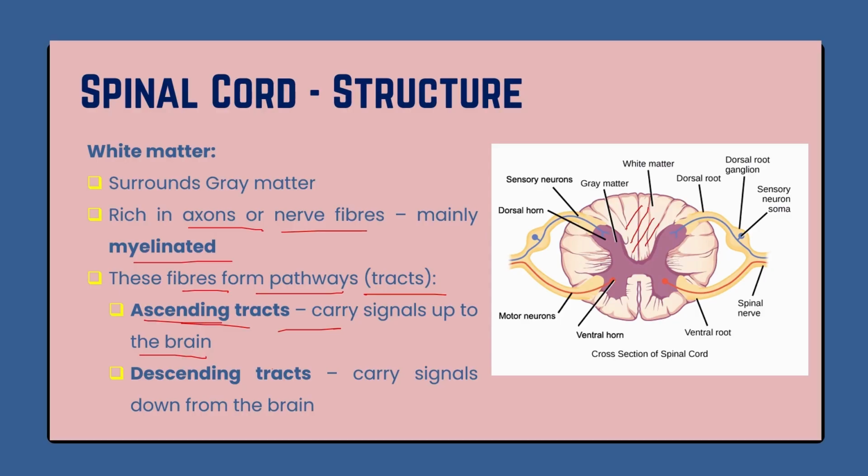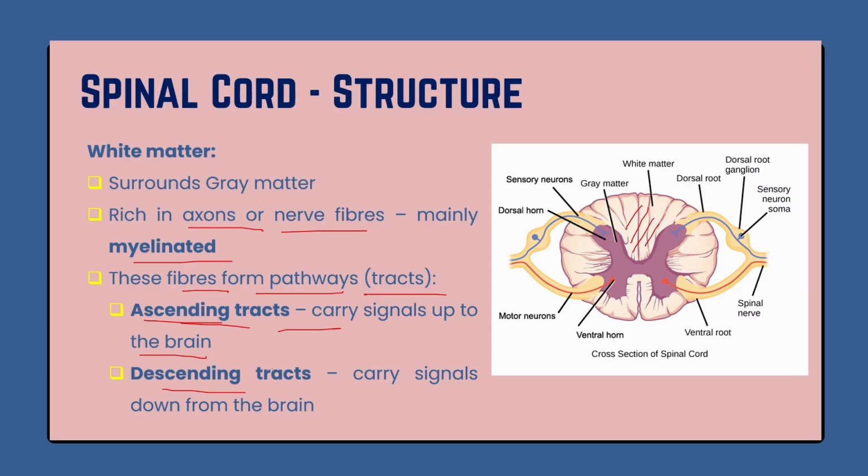Then we have descending tracts. Descending means coming down. Descending tracts carry signals down from the brain. I think that's easy for you to remember, right? White matter is rich in axons and nerve fibers, and these transport signals or impulses. This transport happens in two ways.